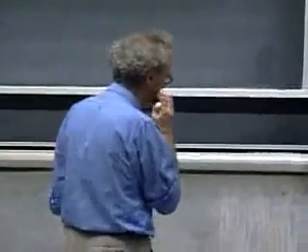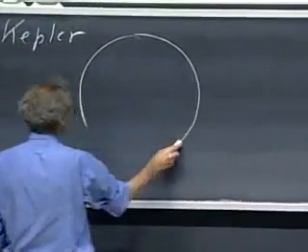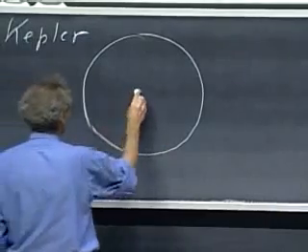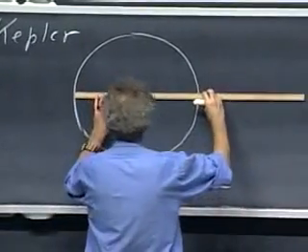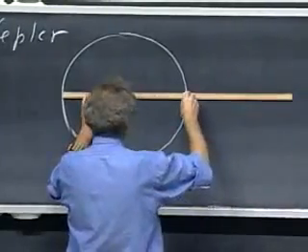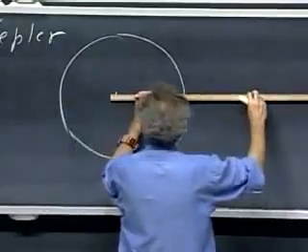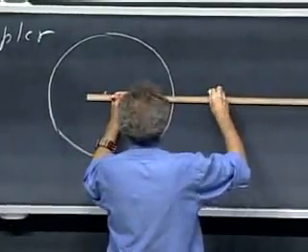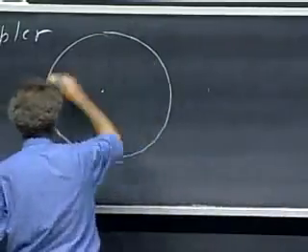And there's one thing which is already quite remarkable and very non-intuitive to say the least, that if you have various orbits which have the same semi-major axis, the period is the same and the energy is the same. And that's by no means obvious. So this is one orbit.